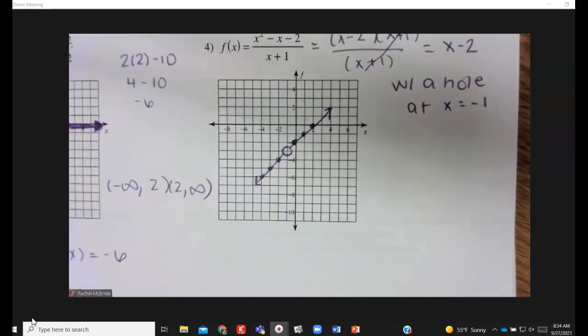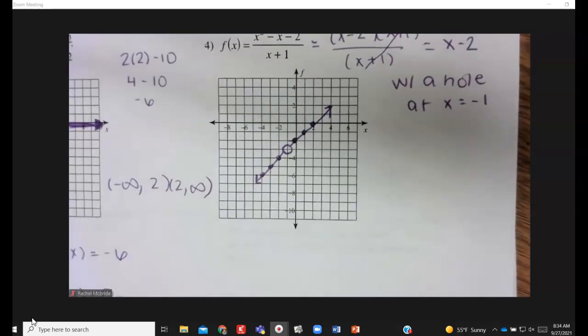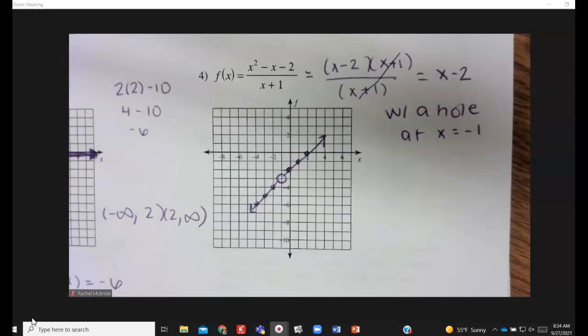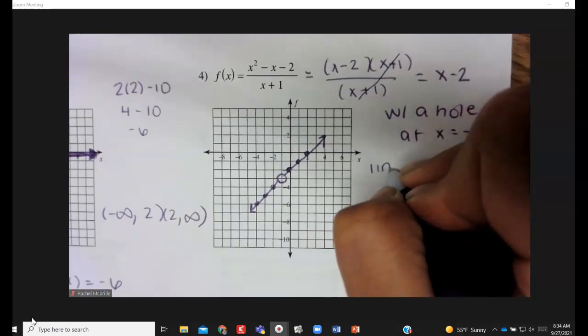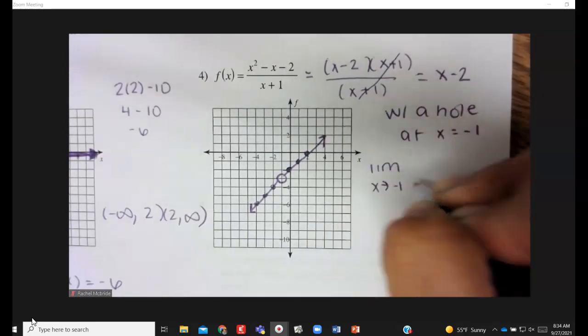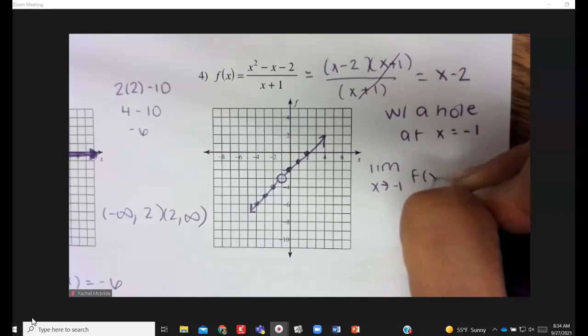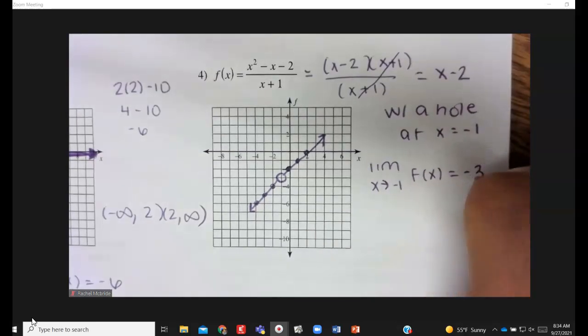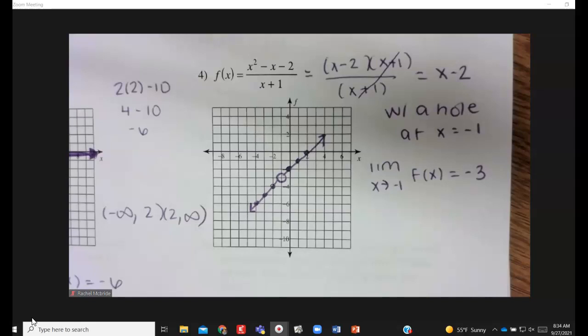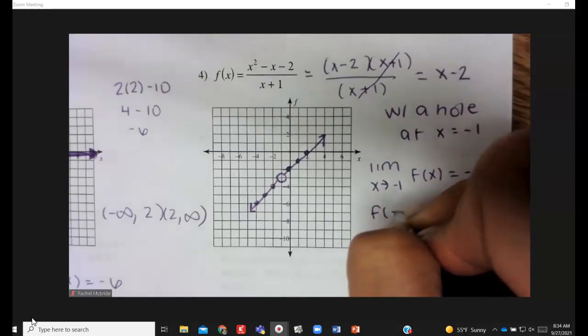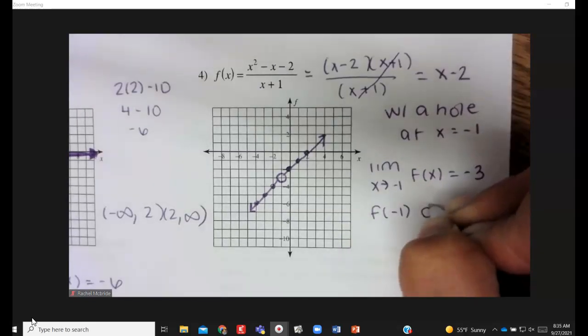Okay, so it's a linear function. At negative 1, we have a hole. So the limit as x approaches negative 1 of f of x would be equal to negative 3. However, f of negative 1 is undefined.